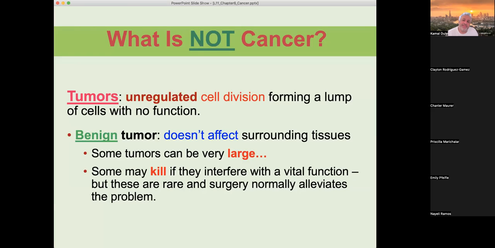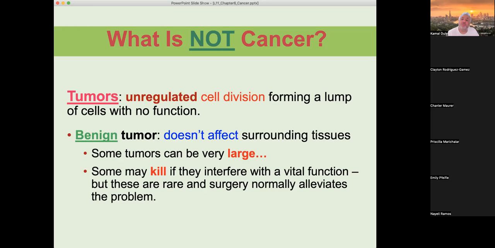So tumors are not a cancer because those cells stay at home. Think about it, right? They are born under your skin, say a skin tumor, use the right word. The tumor will just grow and grow under your skin. It doesn't go anywhere, right? So they're called benign tumors.